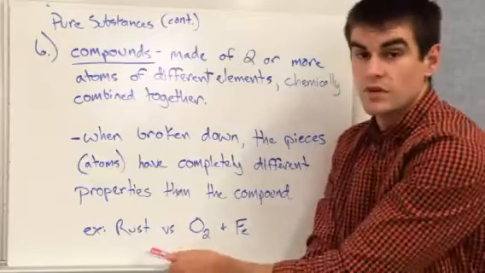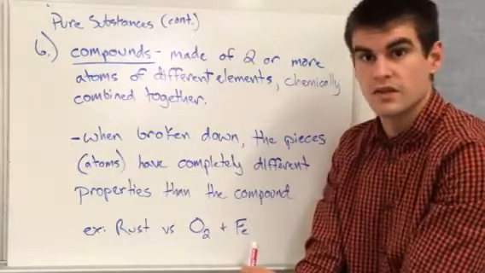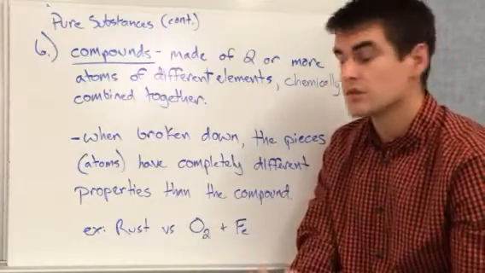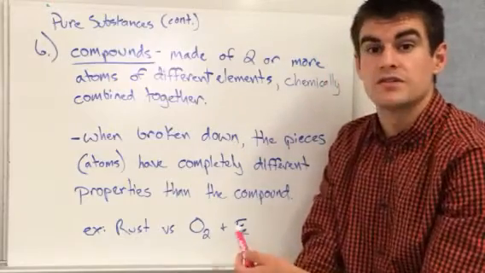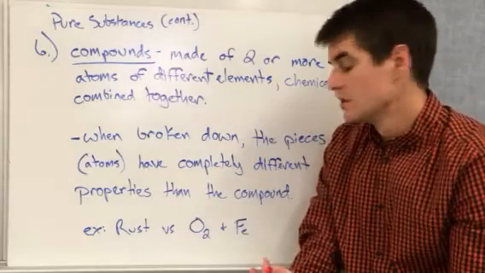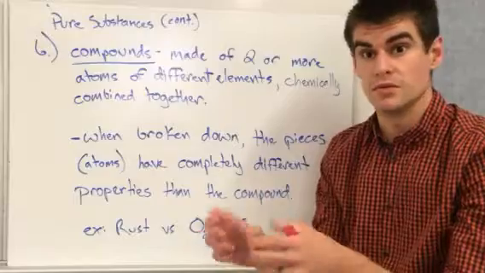I give the example of rust. Rust is iron oxide. It's iron and oxygen combined together. Rust, very brittle. It's orange in color. Whereas, if you think about just the iron itself, iron, very strong metal. When you bend it, you can bend it.